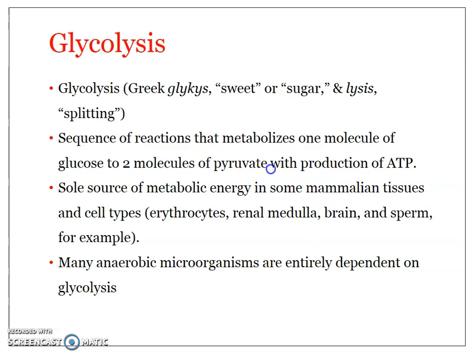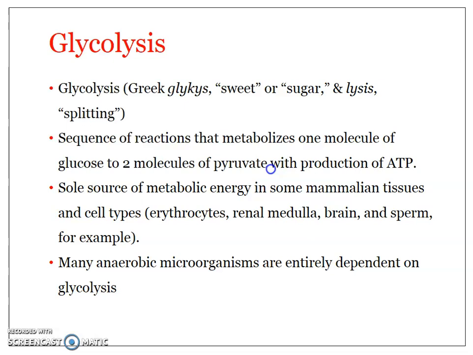What are the significant features of glycolysis? You can say that glycolysis occurs in all the cells of the body, and the enzymes required for the glycolytic pathway are present in the cytoplasm of all the cells.